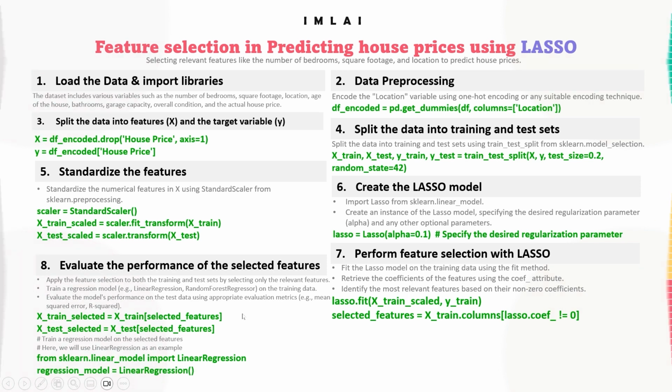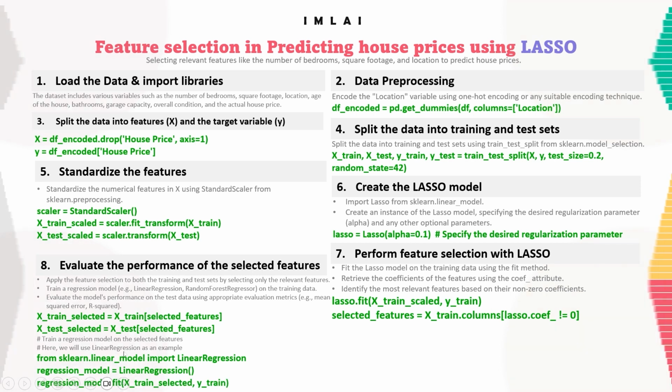Then I instantiate a LinearRegression object, and after that call the fit method, giving the arguments x train selected and y train, and that's it.